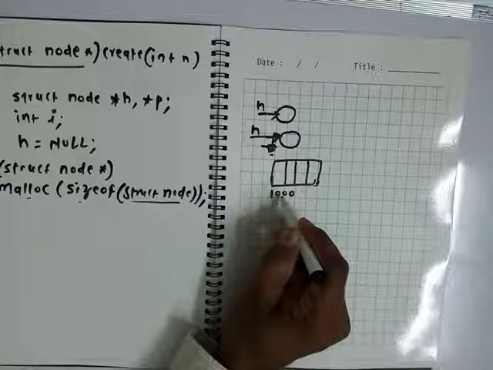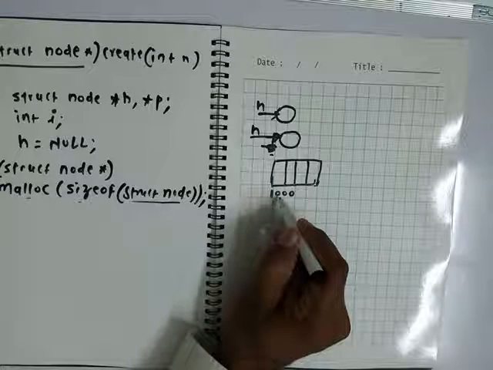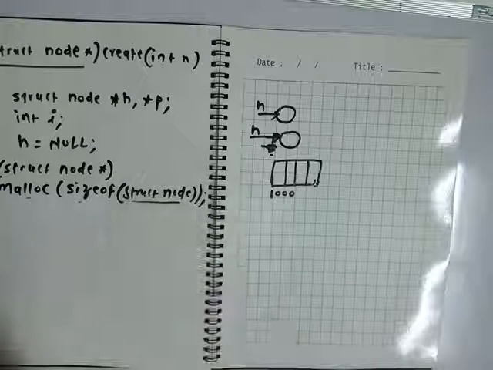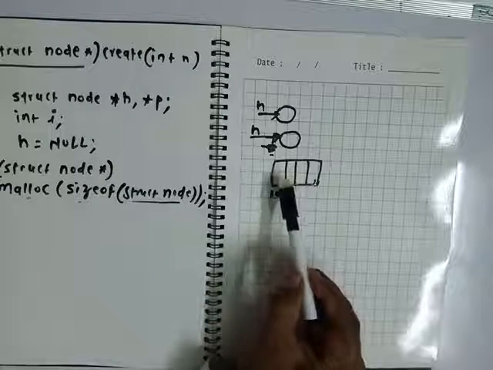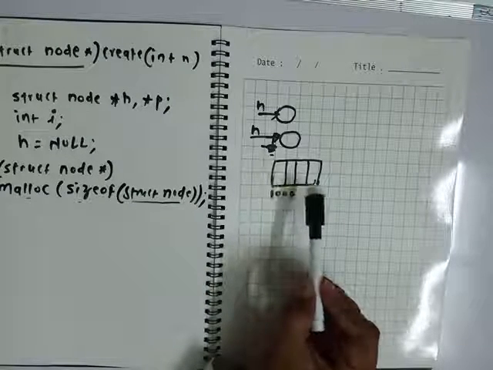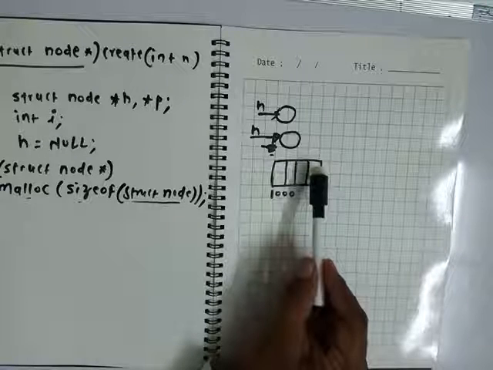Now when malloc returns me 1000, this is a memory address, so I need to point a pointer there. So what kind of pointer can I point there? In fact, I can point any pointer there. The type of pointer returned by malloc is a void pointer. That means I can point any type of pointer to that memory.